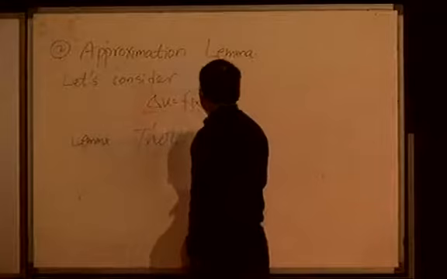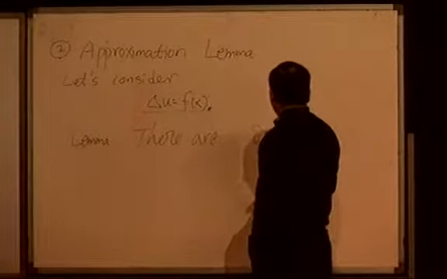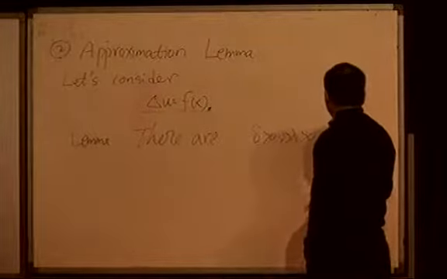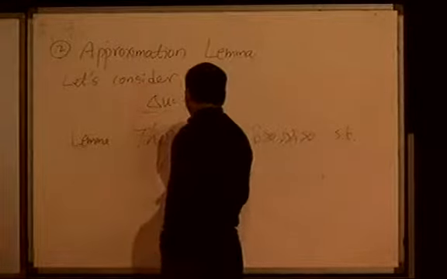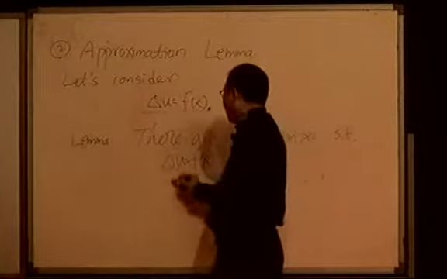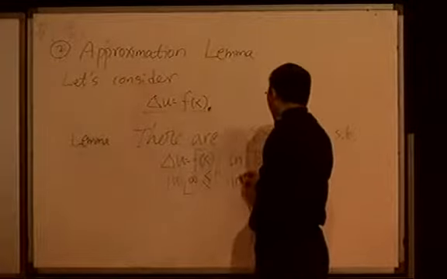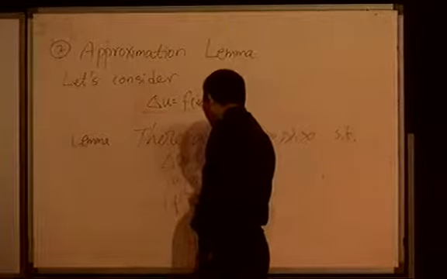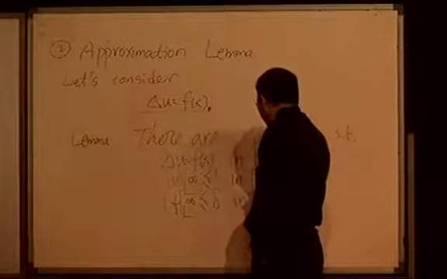There are delta and lambda such that, if the Laplacian of u equals f of x in B1, and let's say the L infinity norm of u is less than 1 in B1, and the L infinity norm of f is smaller than delta in B1.